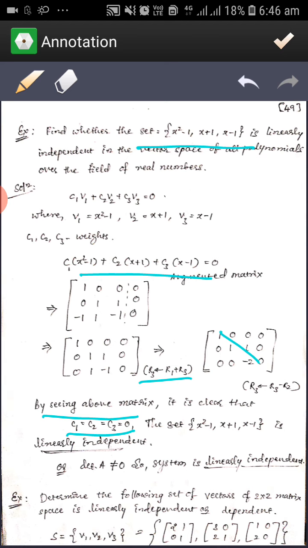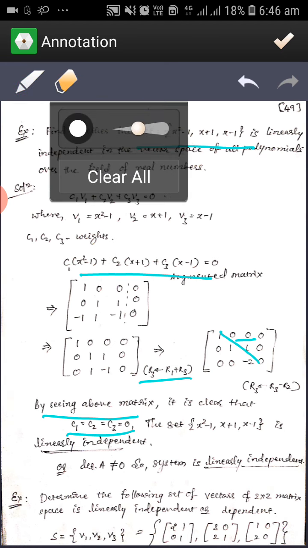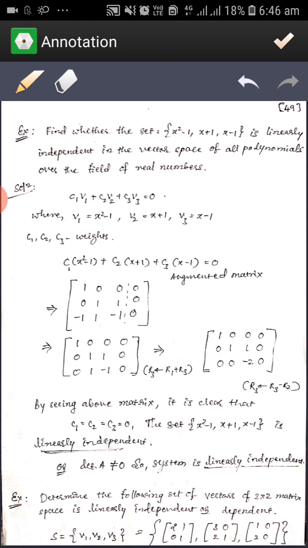These elements are 0, and with one more row operation the minus 1 will also become 1 here. So the vectors are linearly independent. You can also say it by calculating the determinant. If you calculate it, the determinant is not 0. It is minus 2 minus 0, so minus 2 is the determinant.